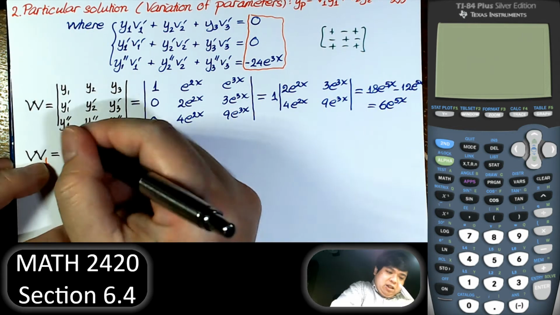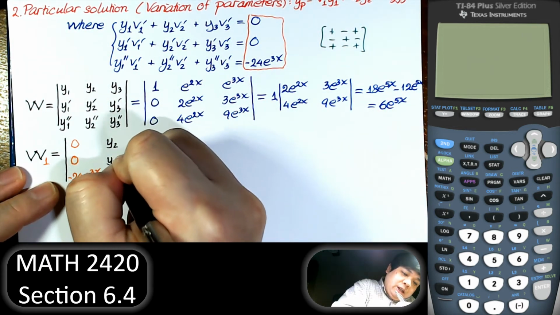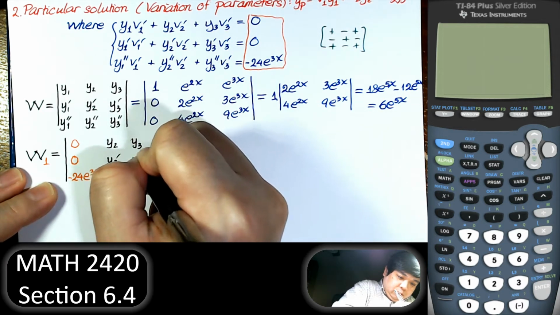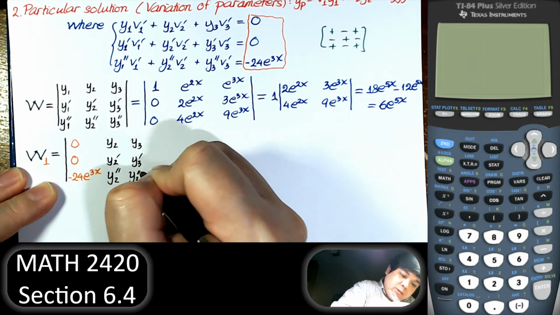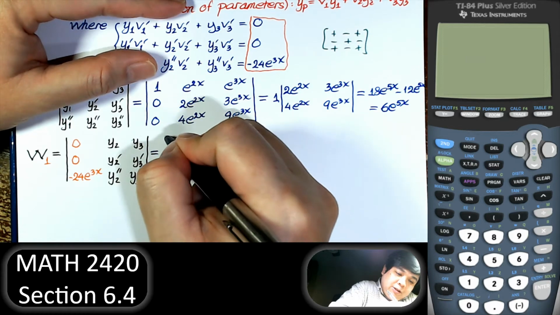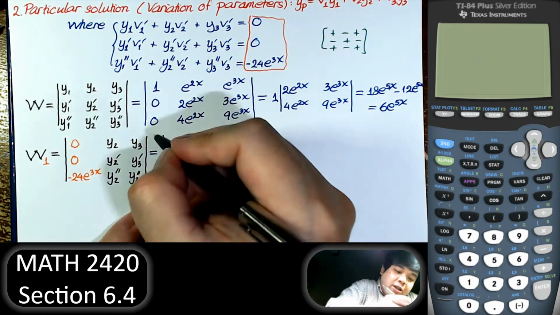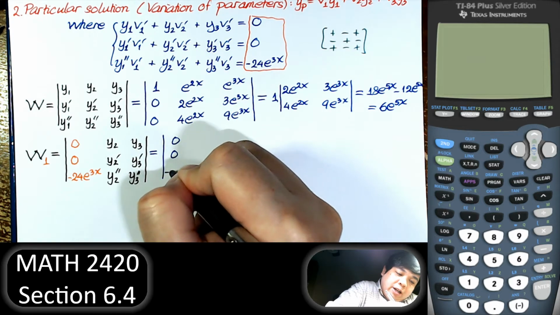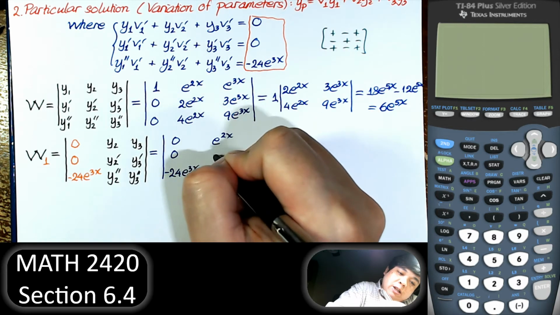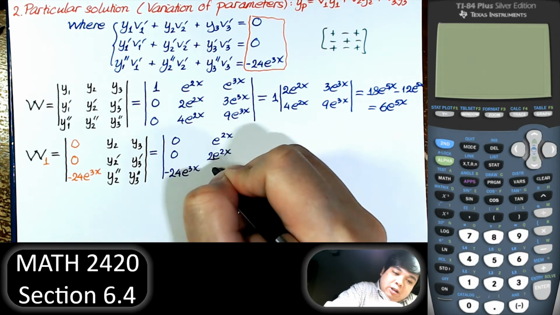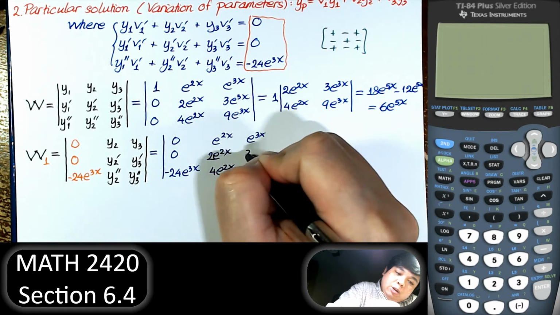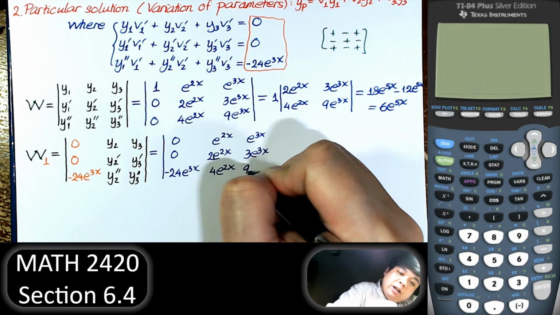Yeah, we can just copy that: y2, y3, y2 prime. Alright, 0, 0, negative 24e^(3x), e^(2x), 2e^(2x), 4e^(2x), e^(3x), 3e^(3x), and 9e^(3x).